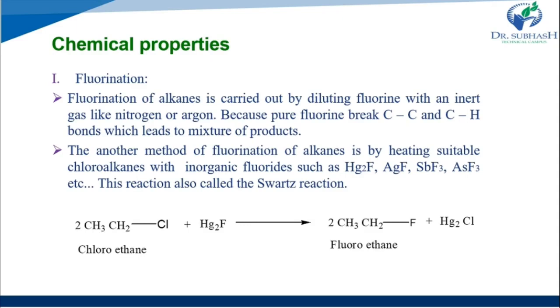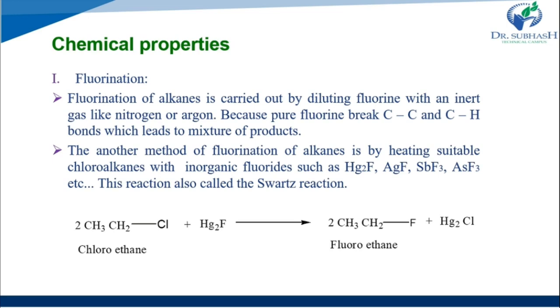Fluorination of alkane is carried out by diluting fluorine with an inert gas like nitrogen or argon. Okay, because pure fluorine breaks the carbon-carbon single bond and carbon-hydrogen single bond, which leads to a mixture of products.